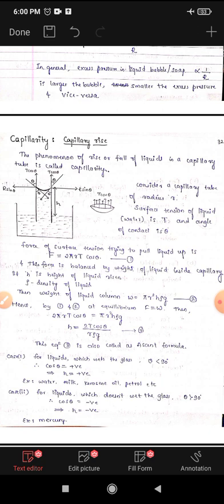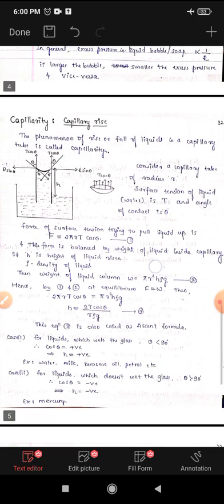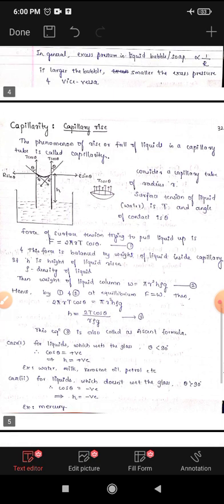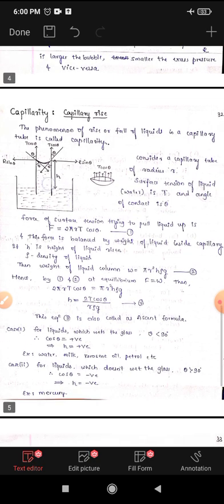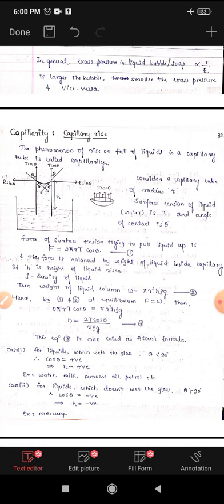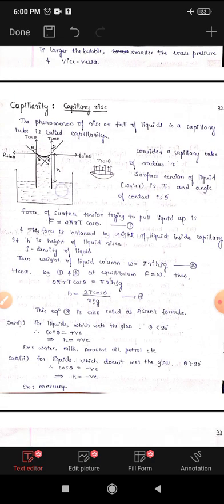Consider a capillary tube of radius r. Here we have a liquid, and we have dipped one capillary tube of radius r into it, and the surface tension of the liquid we take as T. T is the surface tension of this liquid, and the angle of contact is theta.